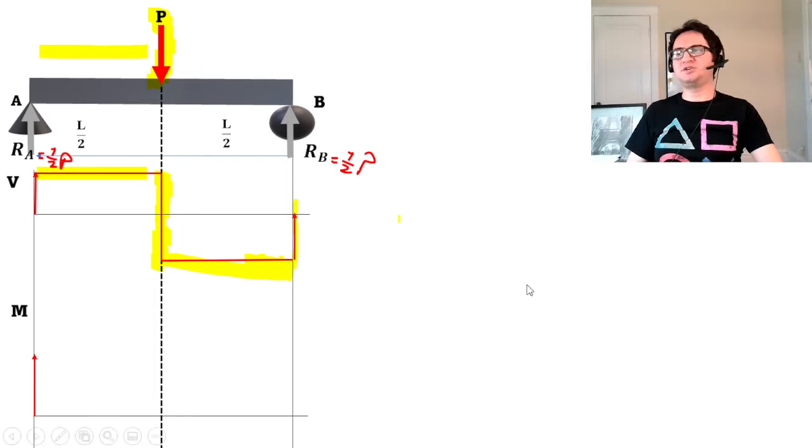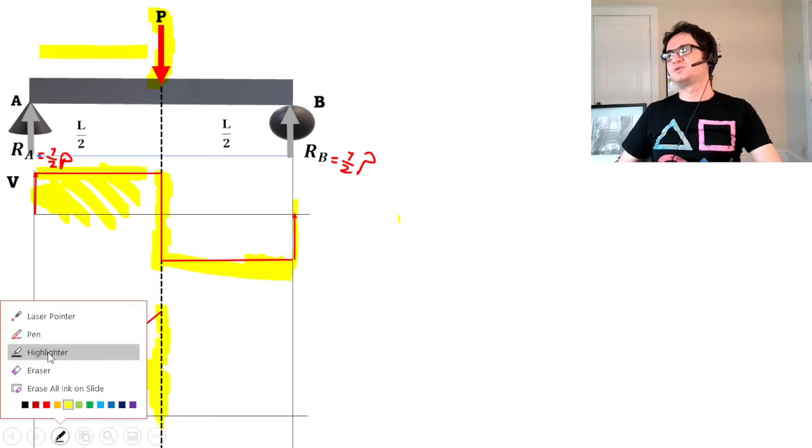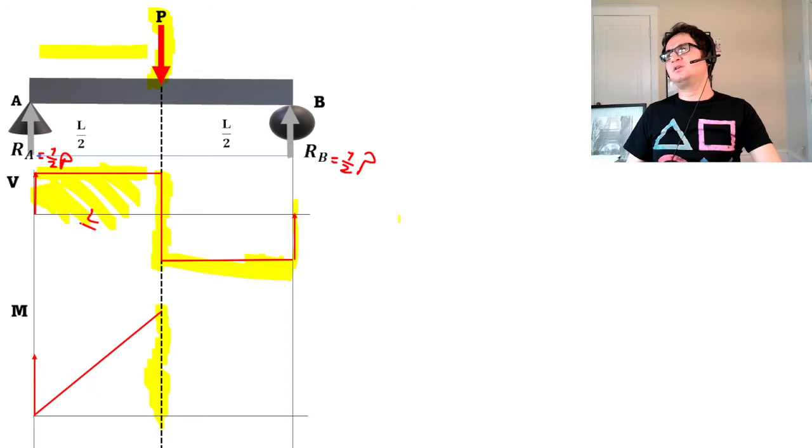So that's the shear diagram. And if you want to draw the moment diagram, it's just the area under shear that gives us the amount of moment. So that's L over 2 times P over 2, so that's PL over 4.